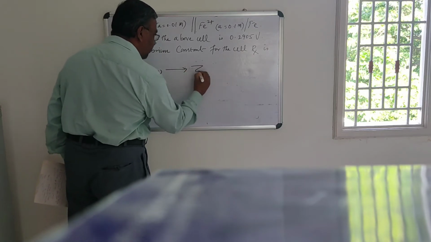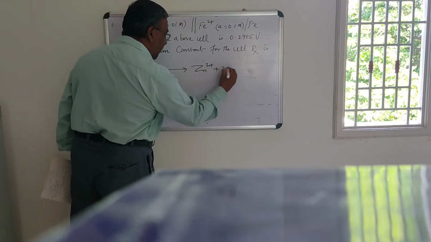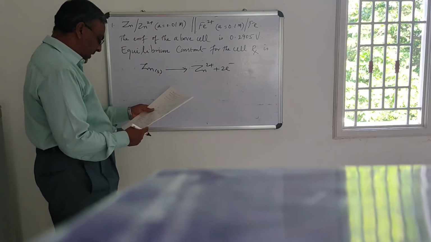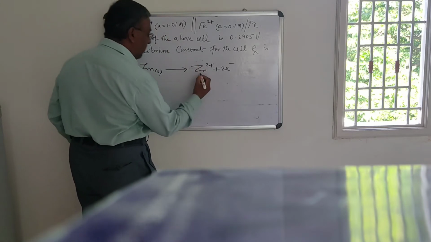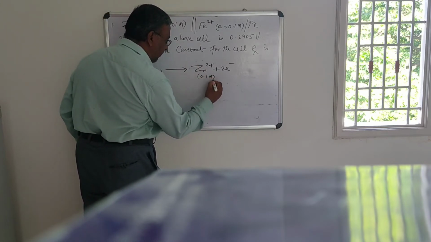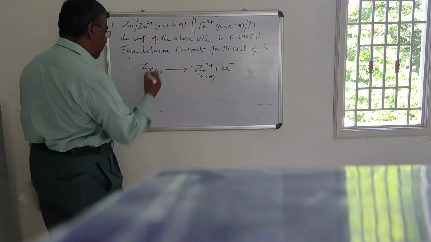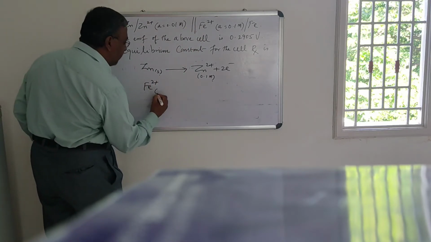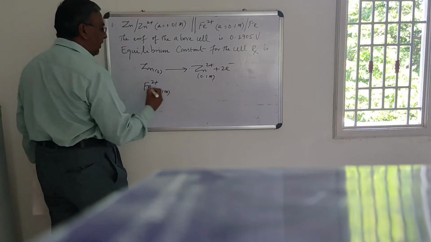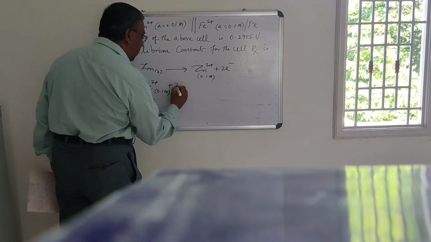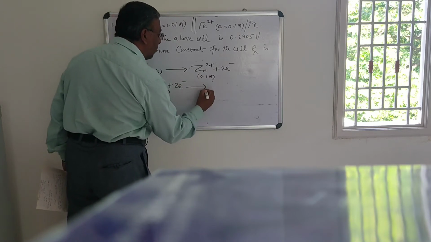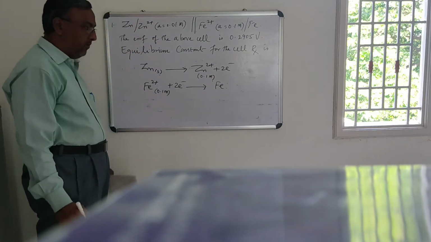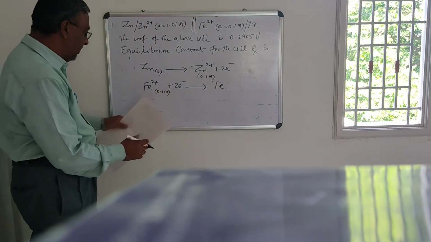Zinc goes into the solution as zinc 2 plus with 2 electrons. Its concentration is 0.1 m. Similarly, Fe2 plus, whose concentration is 0.1 molar, will take up these 2 electrons and undergoes reduction to iron. This is the cell reaction.